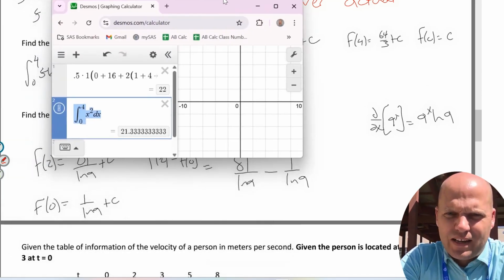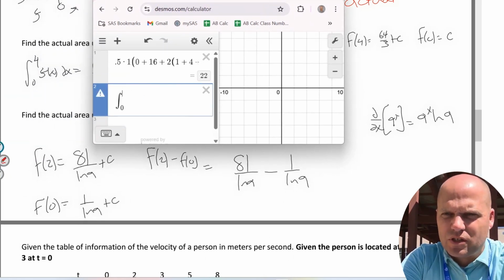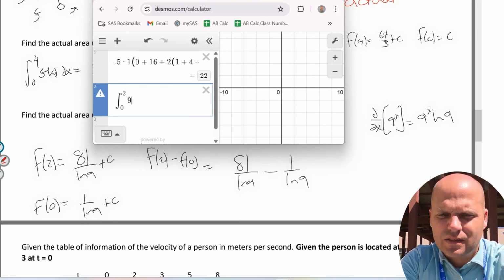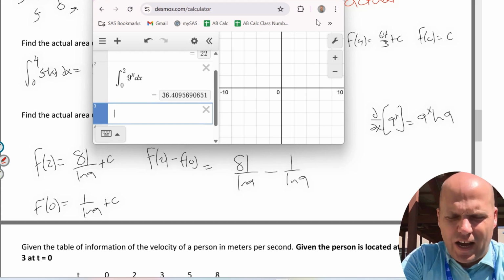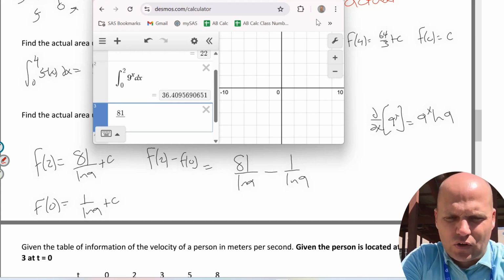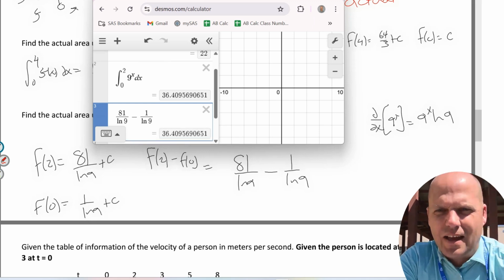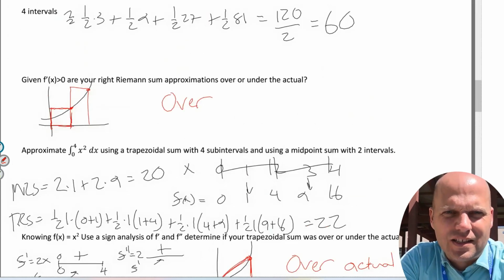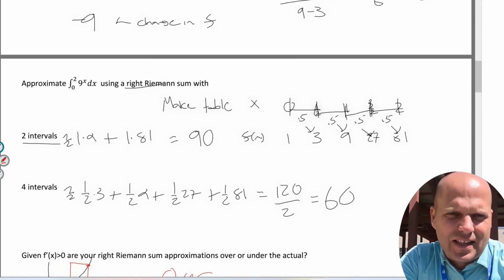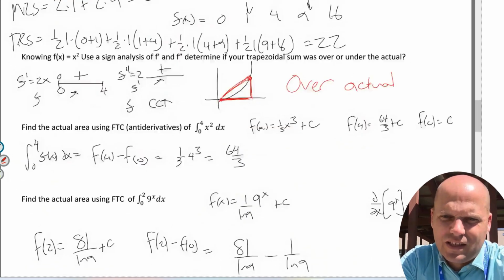Let's probably do this backwards. Let's integrate from 0 to 2, 9 to the x. 36.409. I'm saying that's 81 over log 9 minus 1 over log 9. Look at that. And 36.4 is less than the 60, which is our over approximation. Much less than. That's fine.